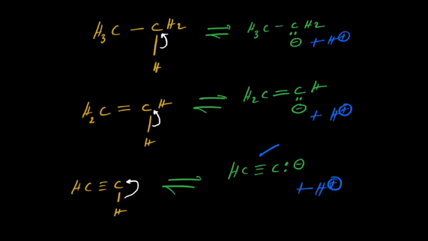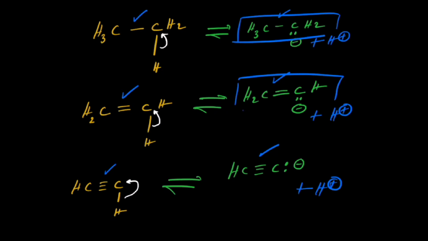Now this is the conjugate base of this. This is the conjugate base of this. This is the conjugate base of this. Clear? Now, which conjugate base is more stable? Is this more stable, or this, or this? That is the question. Whichever has the most stable conjugate base, the acid corresponding to that is most acidic.